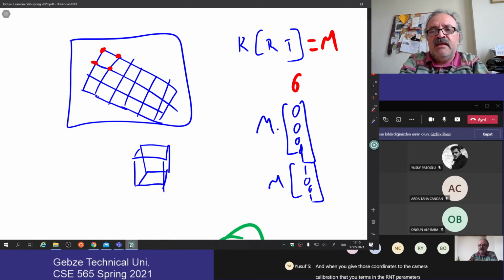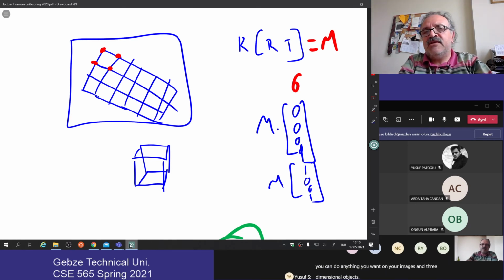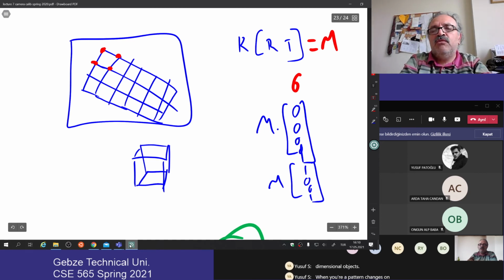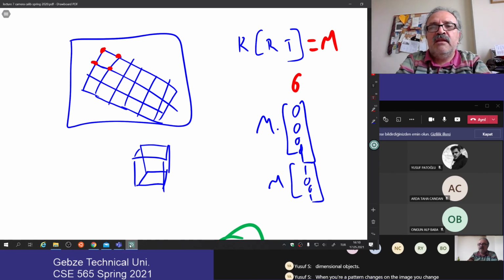Now you know where your 3D points are on your image, so you can draw anything you want on your image, including three-dimensional objects. When your pattern changes on the image, you change your R and T accordingly. That's how they do augmented reality.